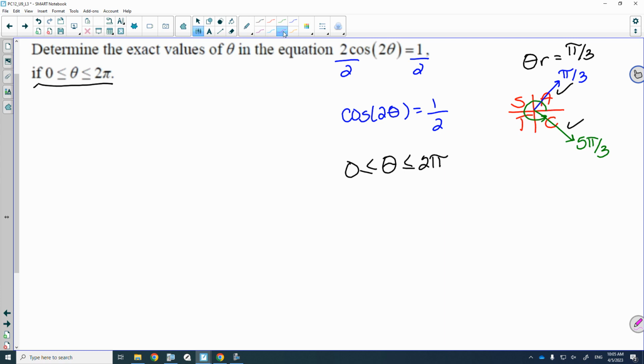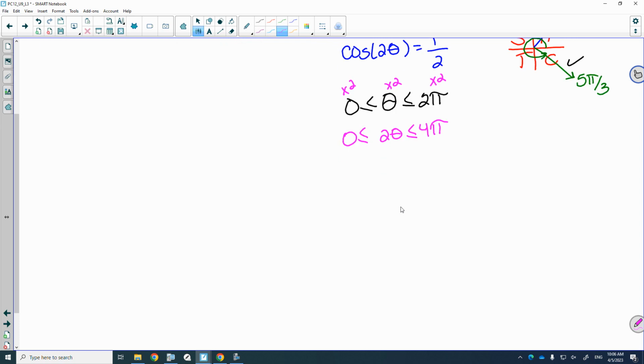So I'm going to multiply this by 2, this by 2, and this by 2. I now need to give solutions twice around the circle. And my solutions aren't going to be right now theta is equal to, they're going to be 2 theta is equal to.